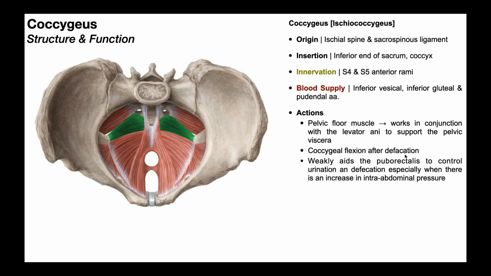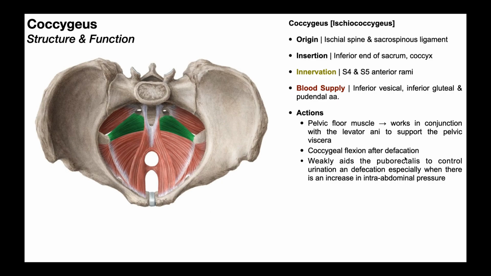When the pelvic floor, including the coccygeus, becomes weak, then that's when you tend to have loss of bowel and bladder function and accidents. And then also the coccygeus helps with coccygeal flexion after defecation. So remember that during defecation you get coccygeal extension, moving that coccyx out of the way so there's more space to move the feces out of the body.